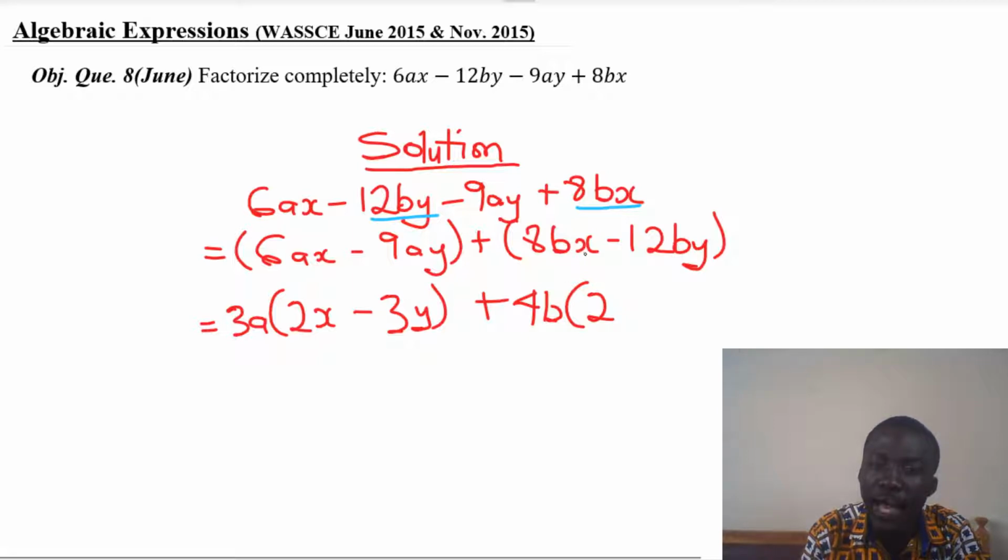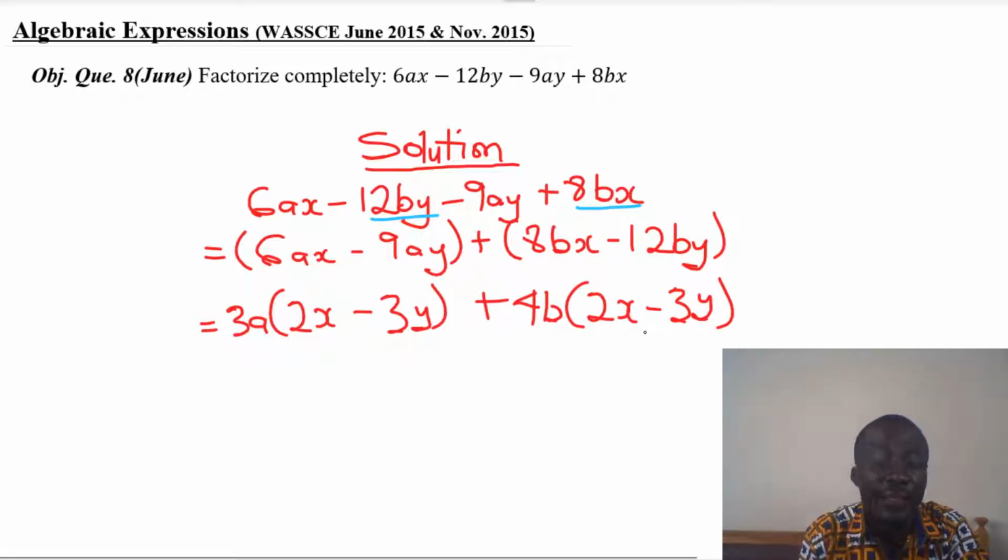Then b into bx, we will be left with just an x. Minus 4 into 12 is 3. b into by, we have y here. So at the end, we can see that the content of the brackets 2x minus 3y is the same as the one at this place, 2x minus 3y.